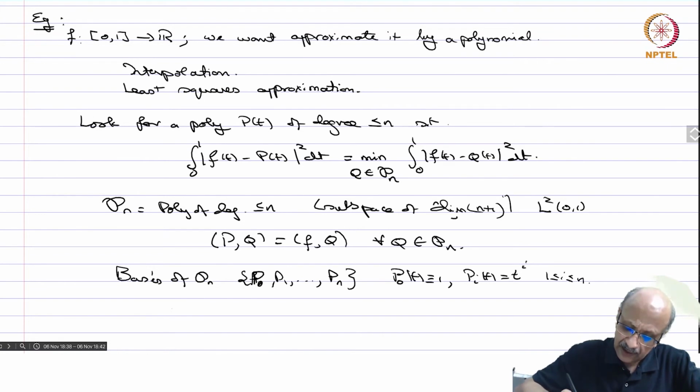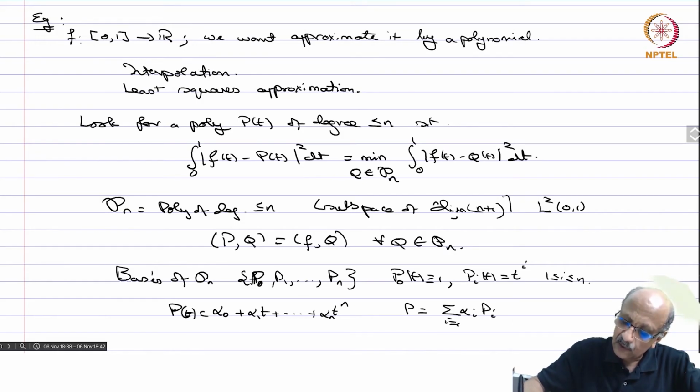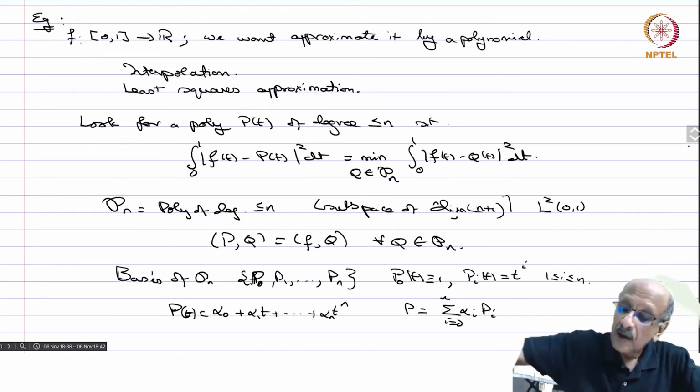So if you take the polynomial p equal to alpha 0 plus alpha 1 t plus ... plus alpha n t to the power n, then p will be equal to the sum of alpha i pi, i equals 0 to n.